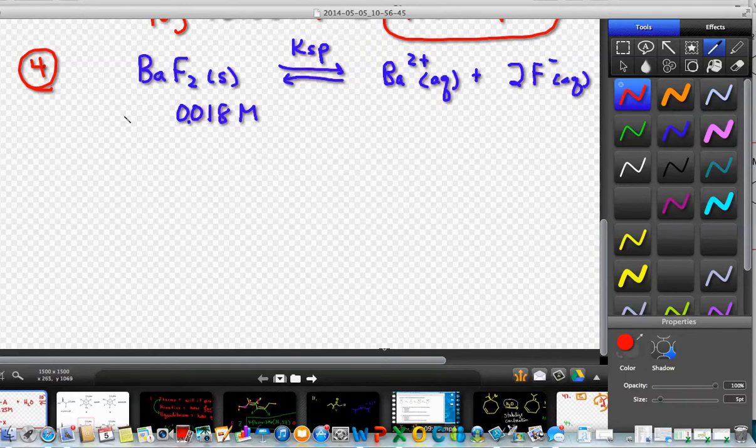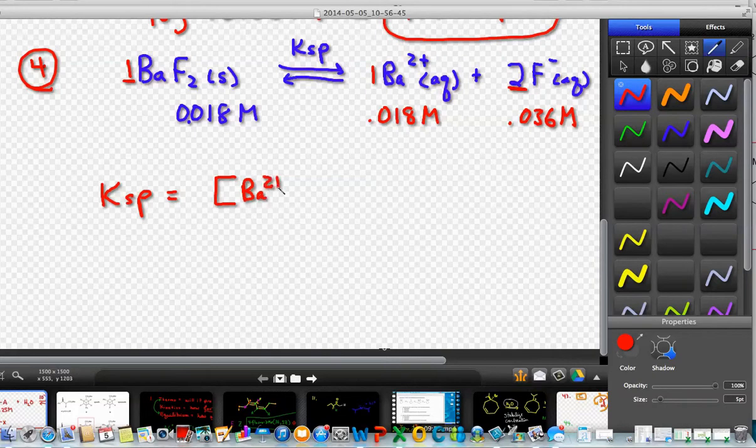So if this is 0.018 molar, barium must be 0.018 molar, but fluoride must be 0.036 molar because of the 2 to 1 stoichiometry. So now KSP is going to be equal to the concentration of Ba2+ times the concentration of F- to the second power.